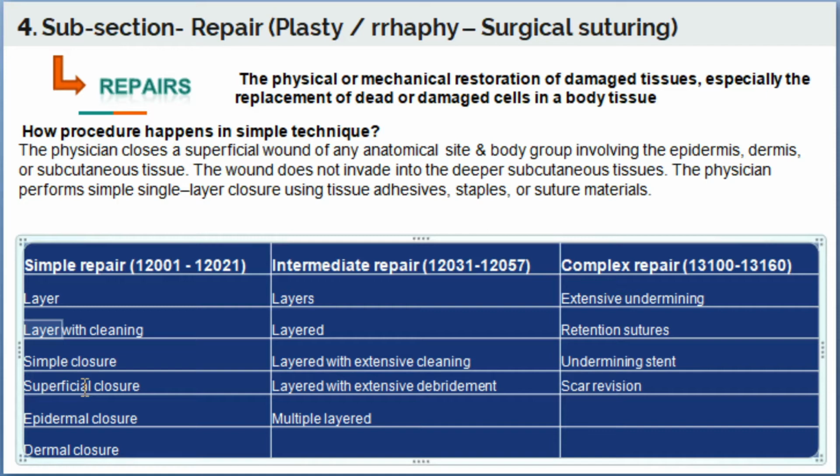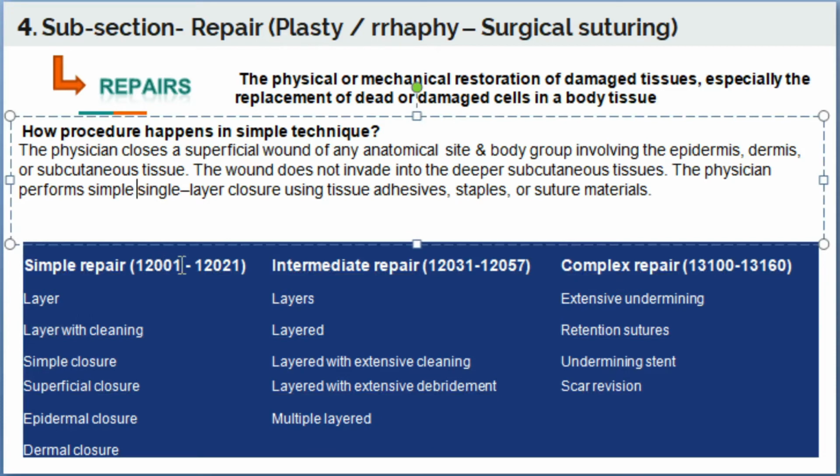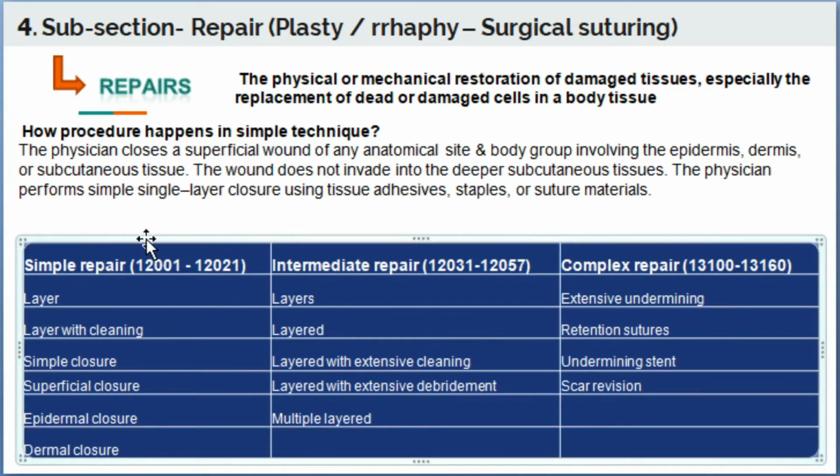Intermediate repair code ranges from 12031 to 12057. The keywords are layers, layered, layered with extensive cleaning, layered with extensive debridement, multiple layered. The keywords for complex repair: extensive undermining, retention sutures, undermining, scar revision, and the code ranges from 13100 to 13160.